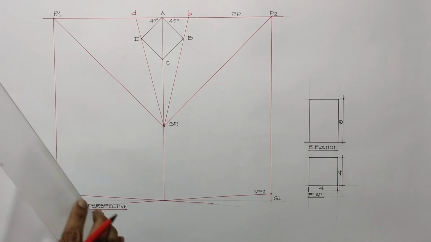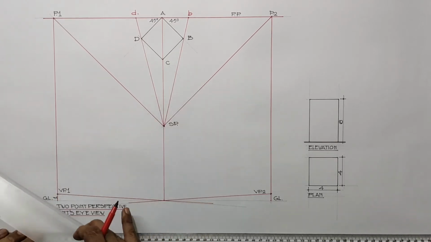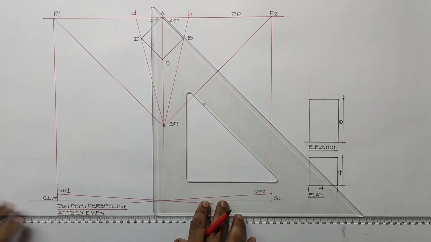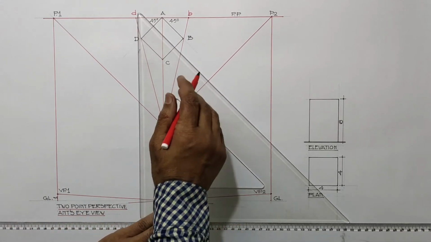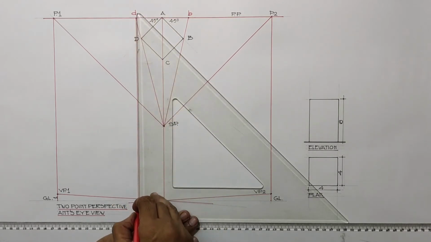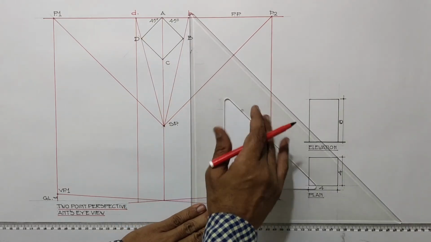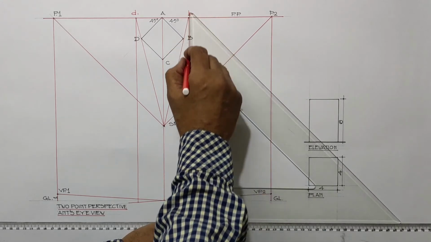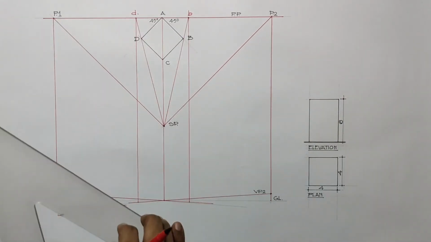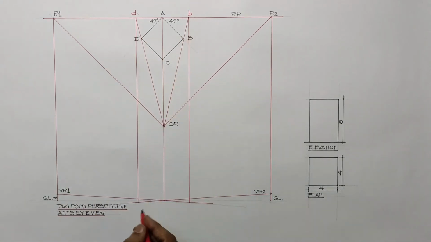Next we have to drop D and B onto the lines which have already been drawn from A dash. We drop from D, it is touching here. Repeat the same from B also, it is touching here. So that is over. Now we got the D and B dash.